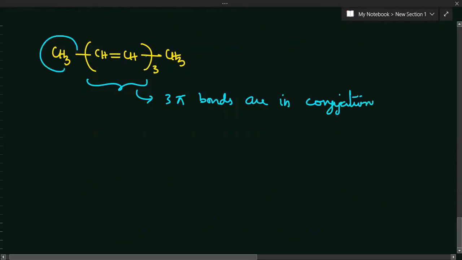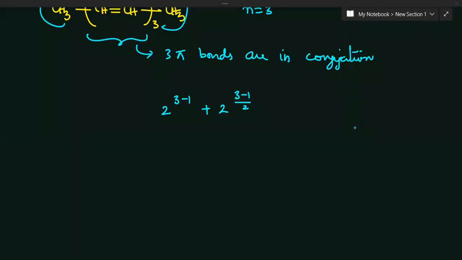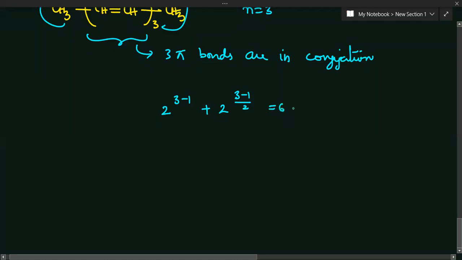So anyway, ends are same. So apply the formula, n equal to 3, 2 power 3 minus 1 plus 2 power 3 minus 1 by 2. So total 6 isomers are possible.